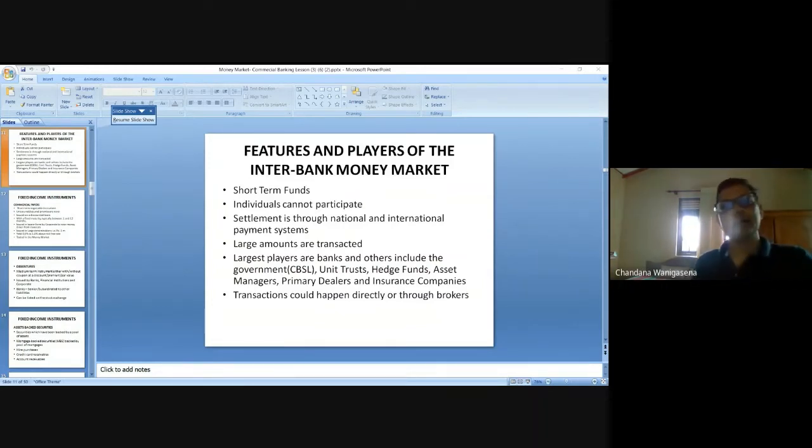It is not going to help the bank, and it could tarnish the image of the bank. It shows clearly a bank in trouble when it comes to liquidity. The interbank money market is a tool for banks to take short-term funds.